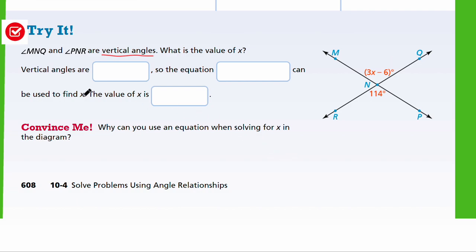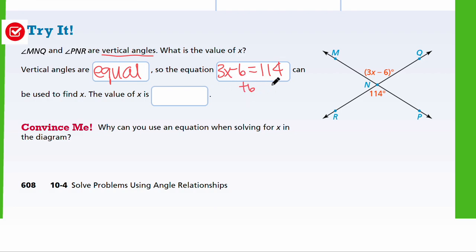Okay, let's fill in the blank. The vertical angles are equal. So which equation? This equals that, right? So 3x minus 6 equals 114 can be used to find x. The value of x is what? You need to solve this equation.